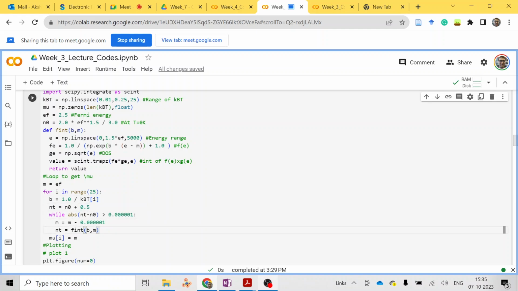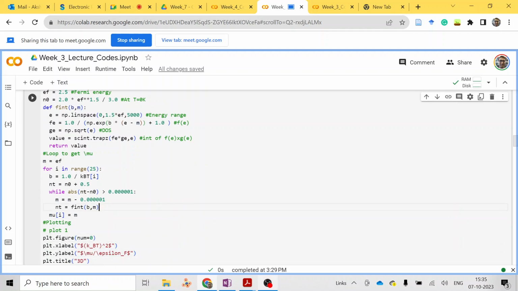Until we have NT equals n naught, we keep decreasing mu, because mu must be decreasing, becoming less than the Fermi energy. We update it here, and once we reach this value, we put that as our mu value, whichever mu satisfies this while loop criterion at the end.